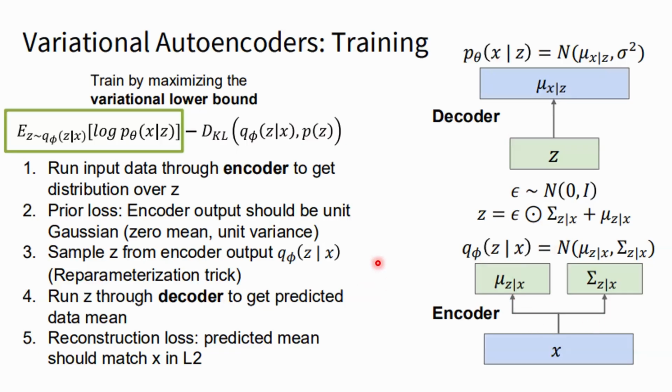Then we sample the Z from the encoder output using a technique called reparametrization. After that, we run the Z through the decoder to get the predicted data mean. And then we enforce this using the reconstruction loss, where the predicted mean should match the X in the L2.